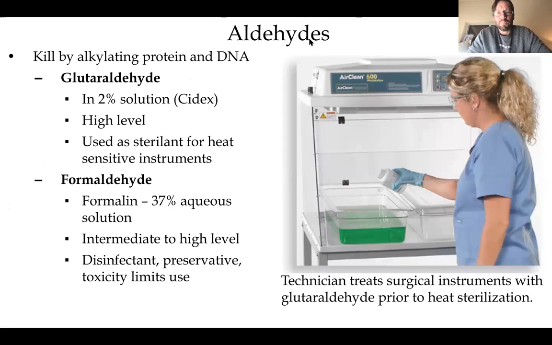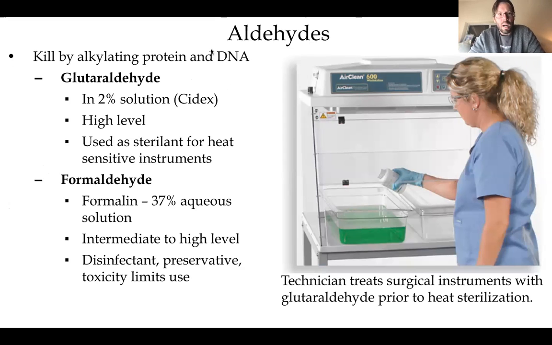Aldehydes. These aldehydes are things like glutaraldehyde and formaldehyde. And these are things that are going to be high level, okay? They alkylate protein and DNA. So alkylate means they stick on a group, an alkyl group specifically.